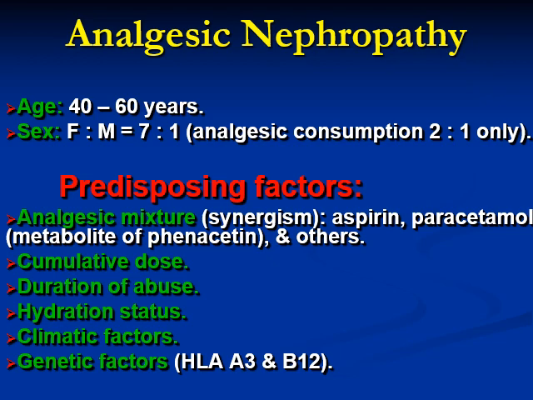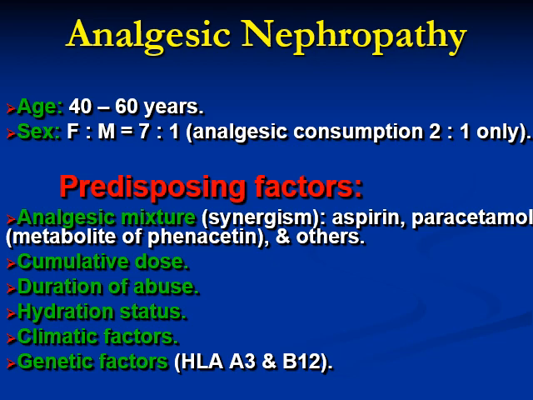Other predisposing factors are the analgesic mixture, which is more serious than a single drug exposure. The cumulative dose, at least 2 kilograms of aspirin or phenacetin or an analgesic mixture, is required for the development of an analgesic nephropathy. The duration of non-steroidal abuse, of course, the longer the duration, the more serious the condition and the more advanced is the renal involvement.